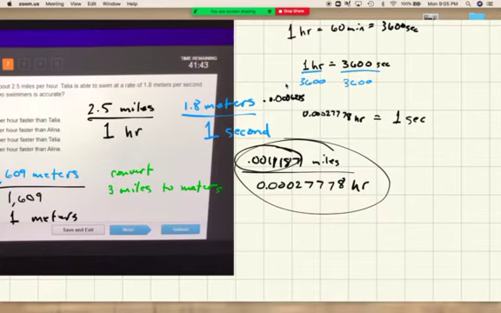I'm going to actually divide these two numbers and see what I get. 0.0012387. So this ends up being, excuse me, 4.027 miles per hour.